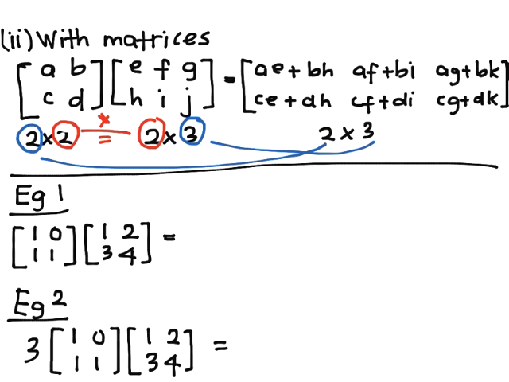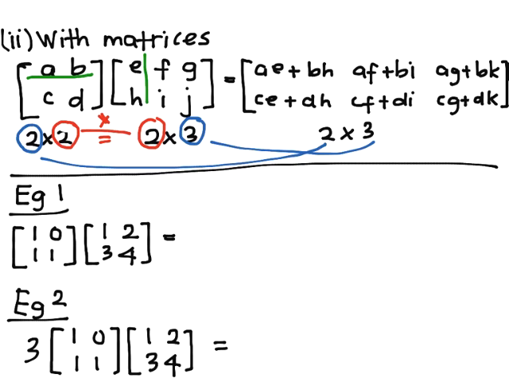So how are we doing the multiplication? For the first matrix, we go with the row. The second matrix, we go with the column.